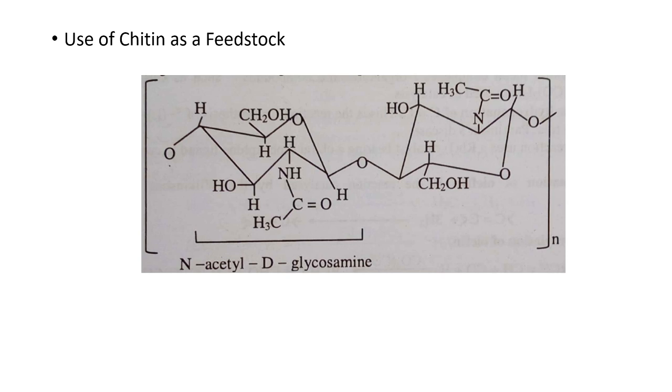Means, look at this, the chitin can be collected from shellfish, and that will reduce the contamination of seawater, and at the same time this can be used as a biopolymer, a useful polymer source. So use of chitin as feedstock is one of the applications of green chemistry.